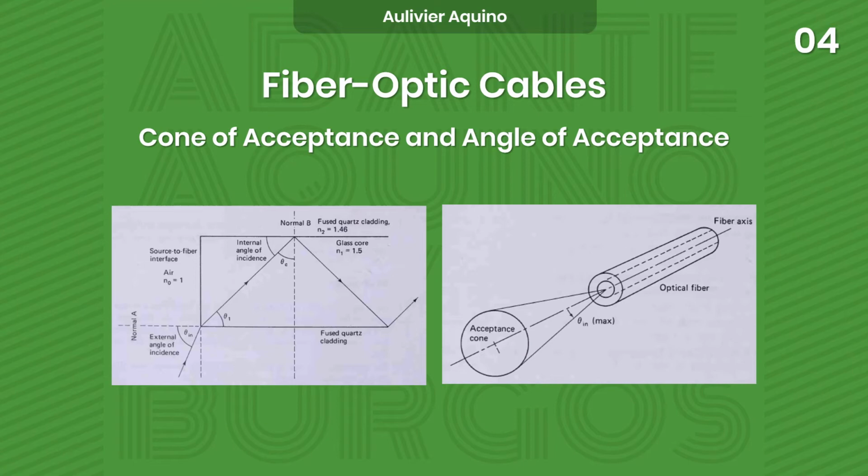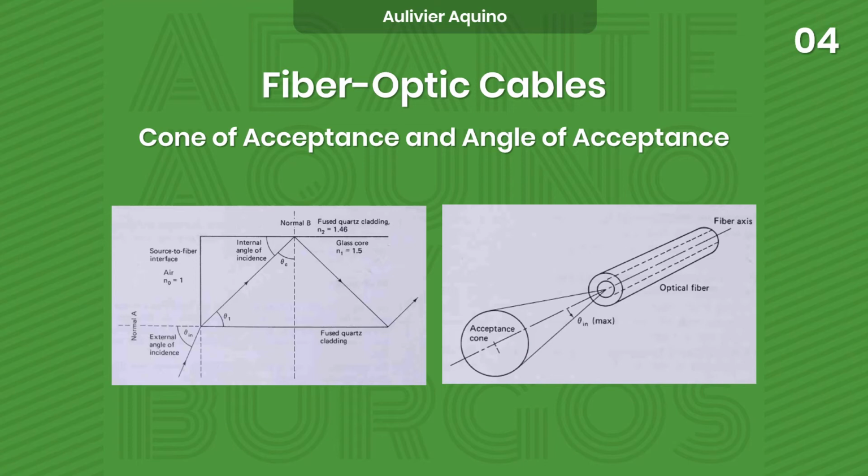Light must strike the internal core or cladding interface at an angle greater than theta c, or the critical angle. This happens when the angle of incidence is within the angle of acceptance. Angle of incidence must be less than the angle of acceptance as it enters the light fiber.